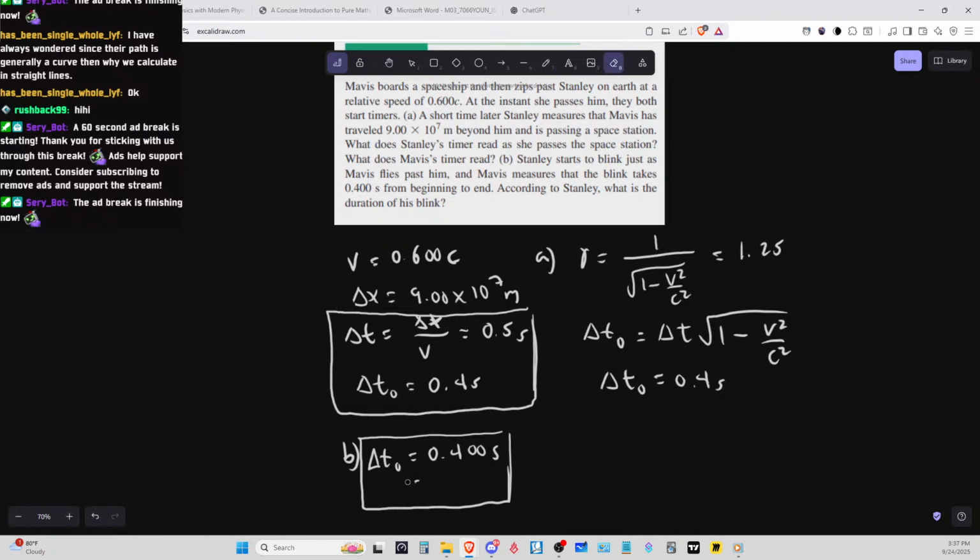So in this case, this I can multiply by, which gives us a half second, which means he just blinked as soon as she passes him.